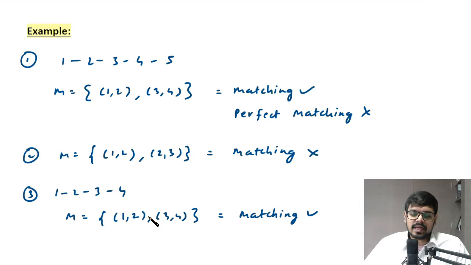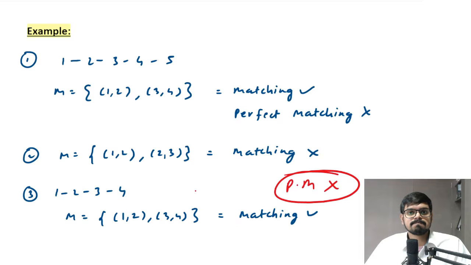Can I say it is matching? Check. 1 to 2 is the first edge, 3 to 4 is the second edge, no common vertices between the edges, and therefore yes, it's matching. But can I say it is a perfect matching? You will say, sir, perfect matching means all the vertices should be covered and it should be a matching. Therefore, sir, it is a perfect matching.